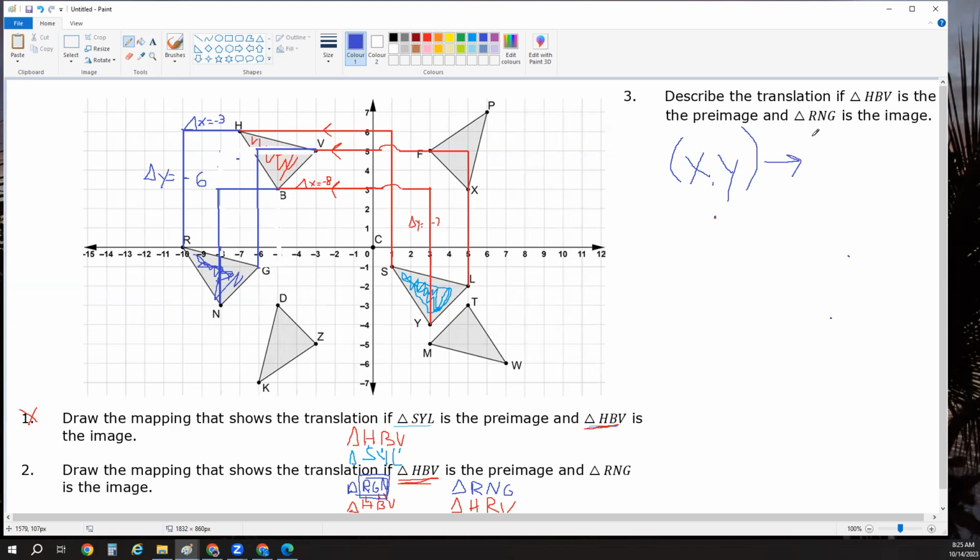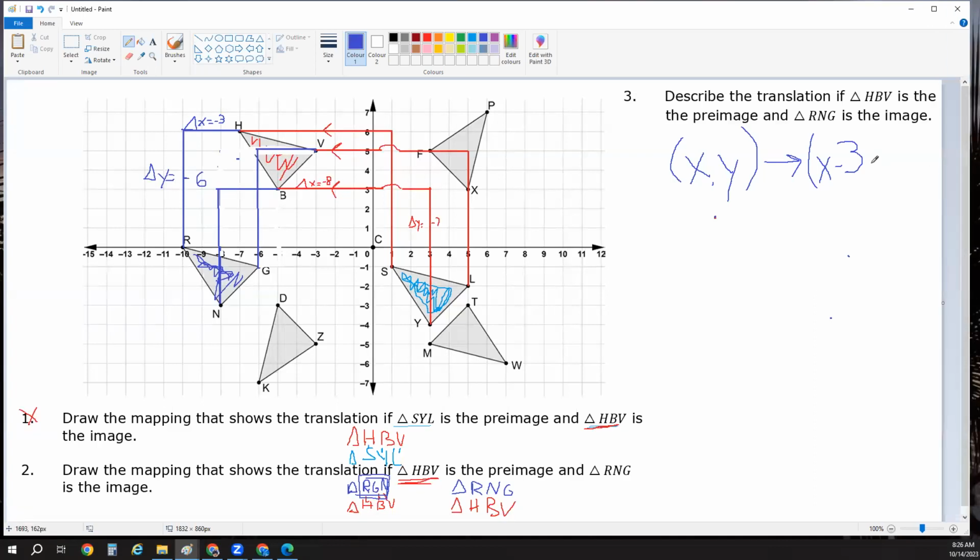And for translations, they start as the X and then how the X changed, plus the change in X. In this case, the change in X was negative, so the change in X is -3. And then the change in Y is Y plus the change in Y, which is -6.